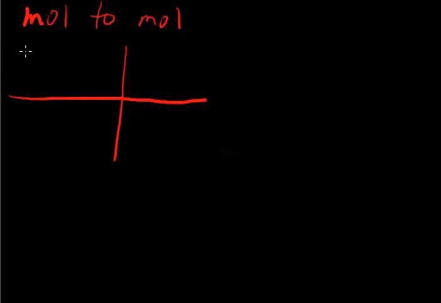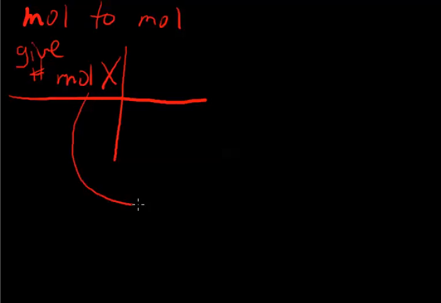So when you do a mole-to-mole problem, they're going to give you some number of moles of X. You read the problem, you're going to have a number, that's what you're starting with, that always goes in the upper left corner. And if you start with moles of X, down here in your fence post in the right bottom, you're always going to have moles of X there too.